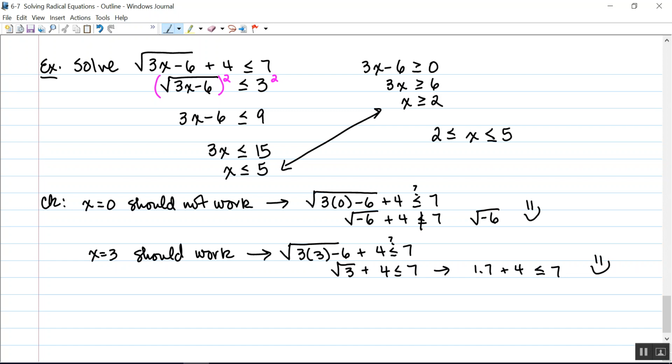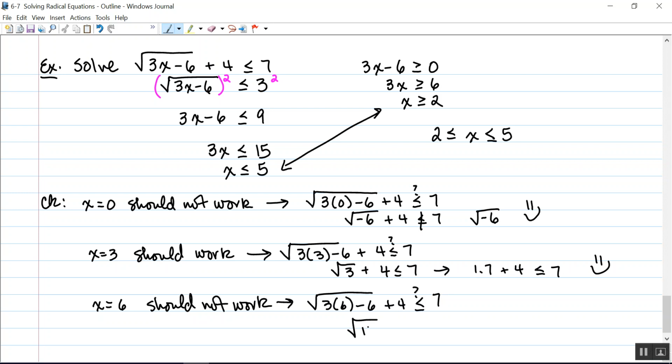And my last case here, I'm going to choose a number that's greater than 5, and it should not work. I'm going to choose x equals 6. So the square root of 3 times 6 minus 6, plus 4, is that less than or equal to 7?